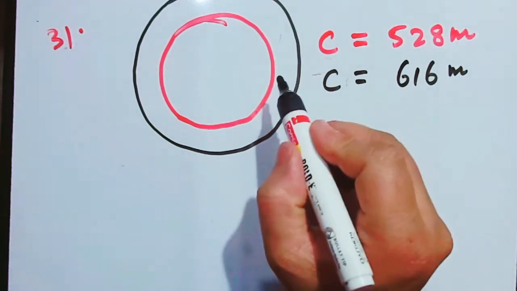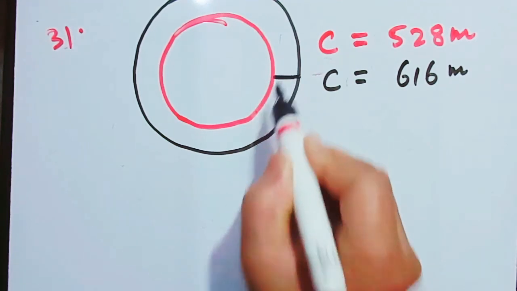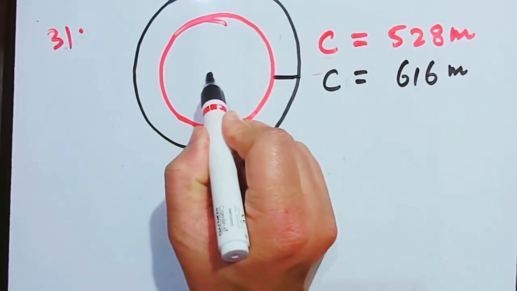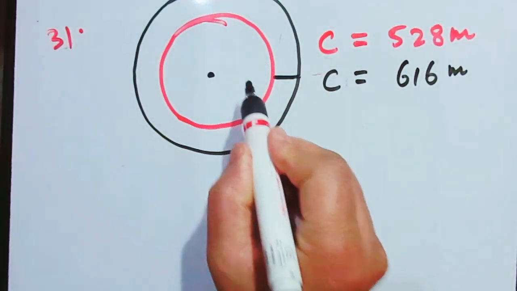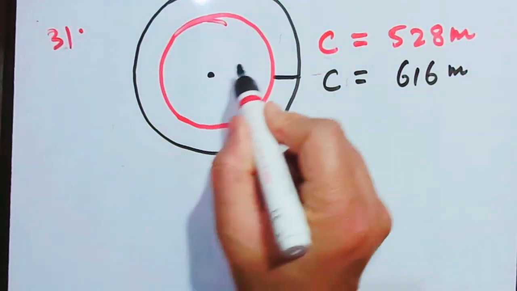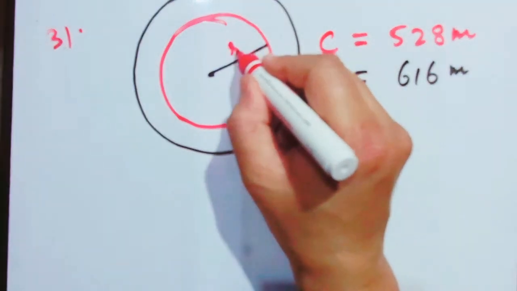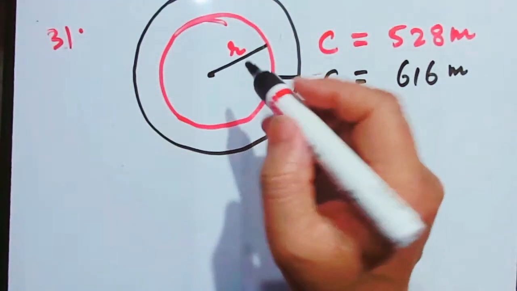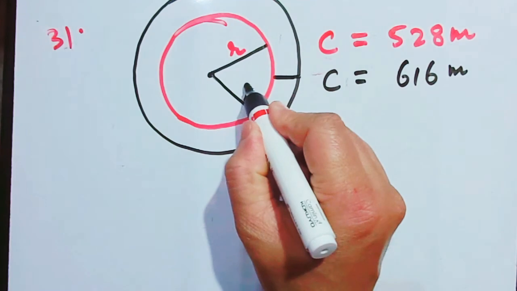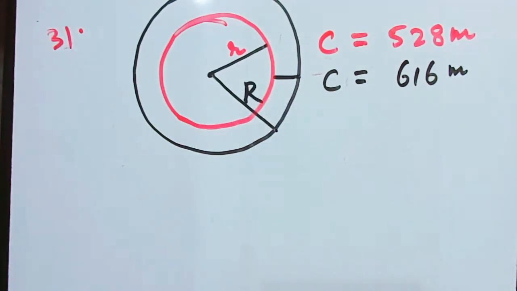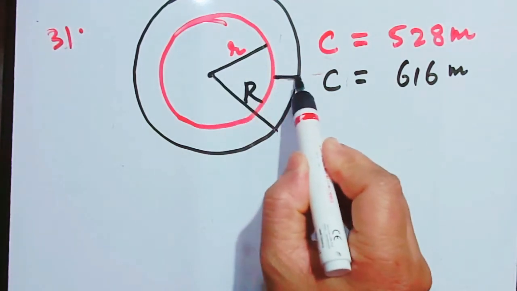It says that you find the width of the track, means what is the distance between these two circles. So now the center for both of them is same. Now my dear, if I take the radius of this one as r, and the radius of the bigger circle as R, naturally the difference between these two will give you this particular value, isn't it?